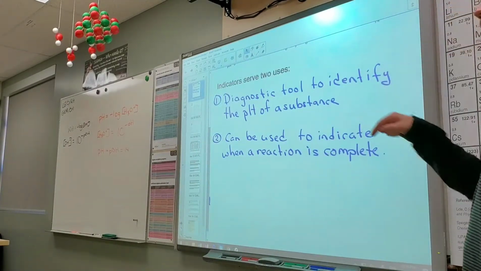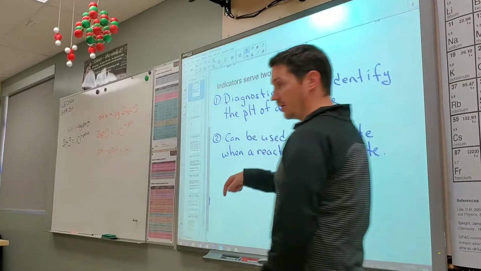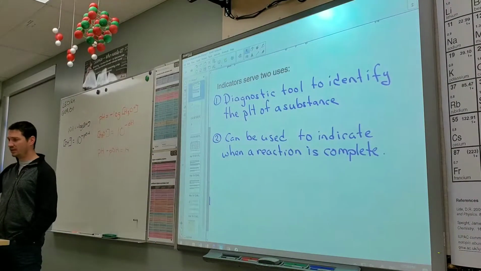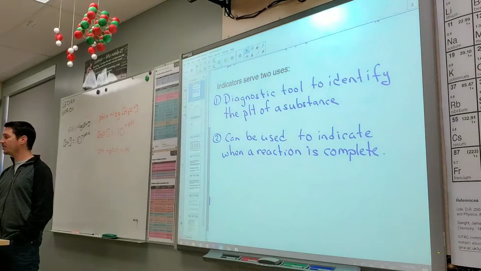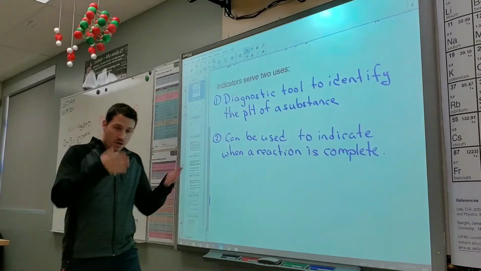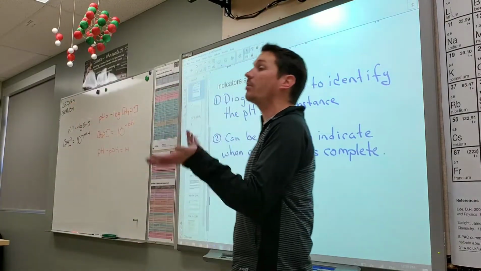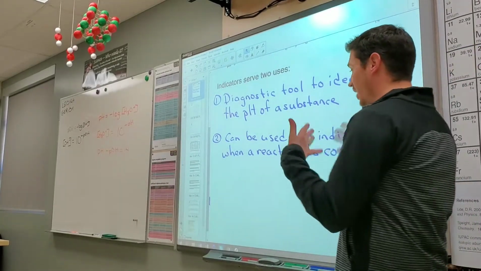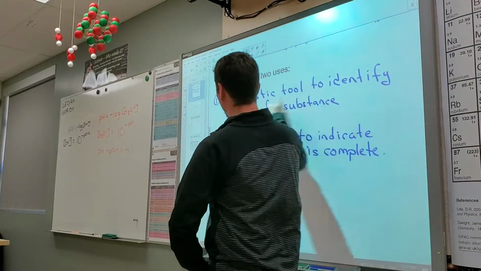So I can put an indicator inside a beaker, and the moment it starts to change color, that's when I know a certain chemical reaction might be complete. So we can use it to tell us, oh, your chemical reaction's done now. Stop doing whatever you're doing. Does that kind of make sense? Yeah, okay. We're going to focus way more on the very first one.